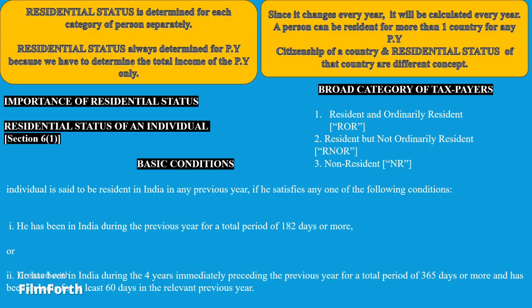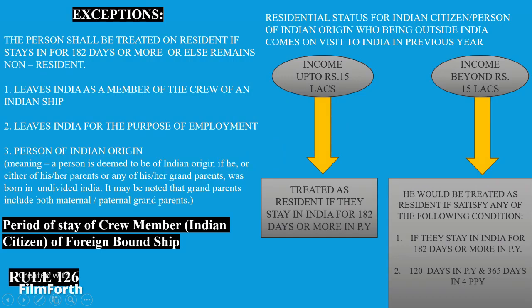Next. Exceptions. The following categories of individuals will be treated as residents only if the period of their stay during the relevant previous year amounts to 182 days or more. In other words, even if such persons were in India for 365 days during the 4 preceding years and 60 days in the relevant previous year, they will not be treated as resident.